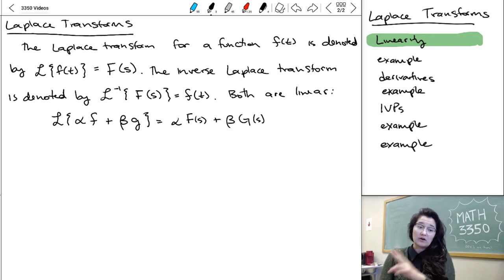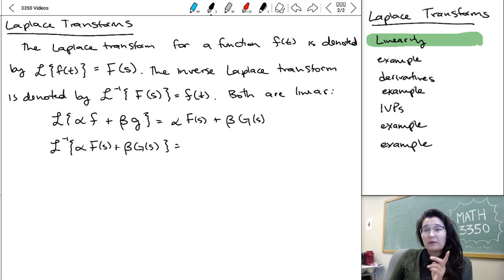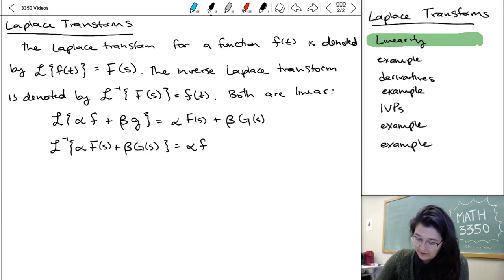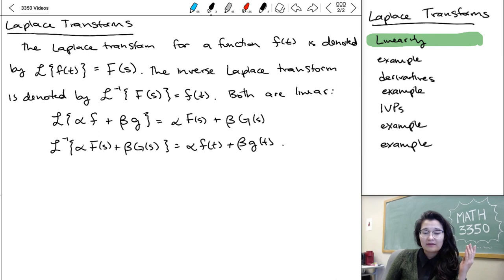And inverse Laplace transforms are going to work the same way. So if I want to take inverse Laplace of the thing I just did, it's going to be alpha times f, little f, a function of t, plus beta times little g, a function of t. And we'll use that linearity a lot to manipulate whatever we see in an ODE to match that list of Laplace transforms that we have available to us.